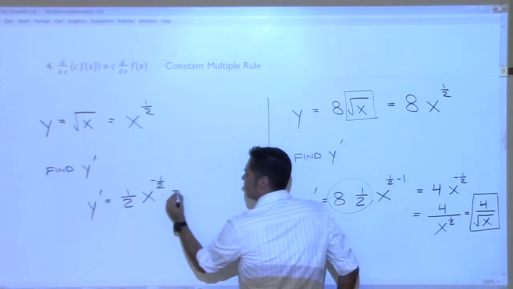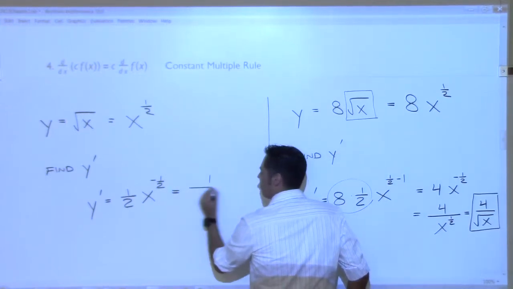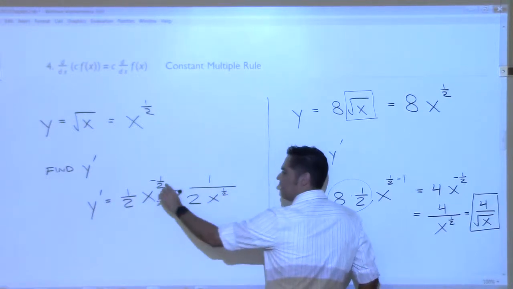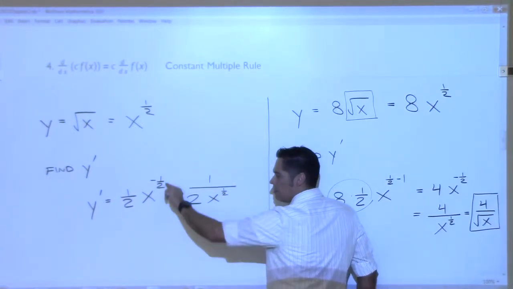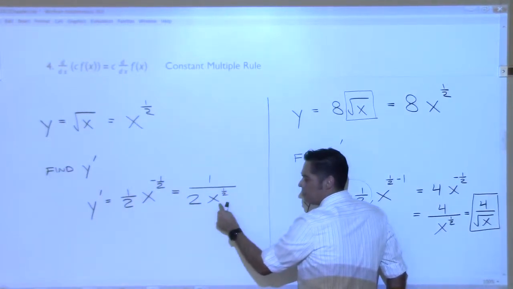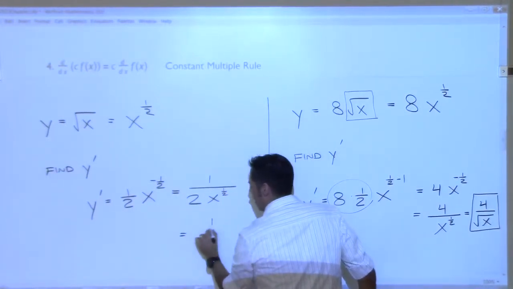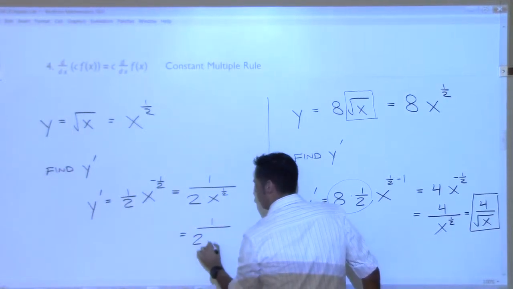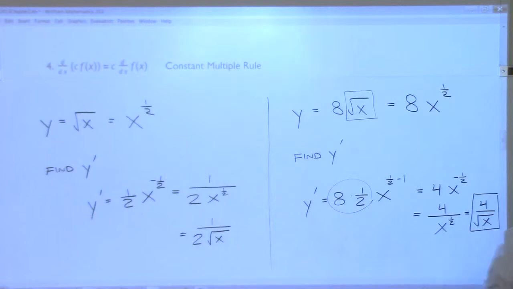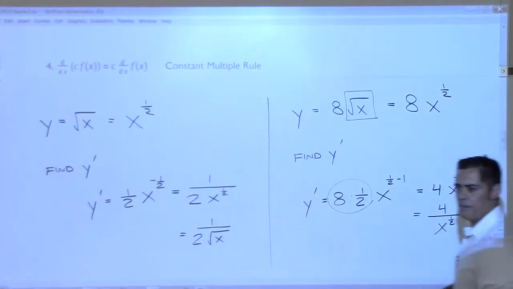Now, please see if you follow me on this. Negative exponent, I'm dropping it down. But 2's already down there, isn't it? So it joins the 2. And then I'm going to write that as 1 over 2 root x. That's what it is, right?